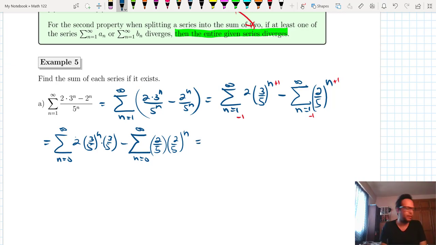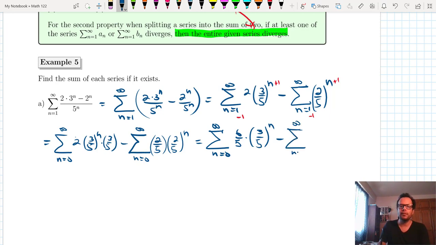Okay, in this case, for the first series, notice, let's keep simplifying. The first series becomes 6/5 times (3/5) to the nth power, n equals 0 all the way to infinity, minus sigma n equals 0 to infinity, 2/5 times (2/5) to the n power.